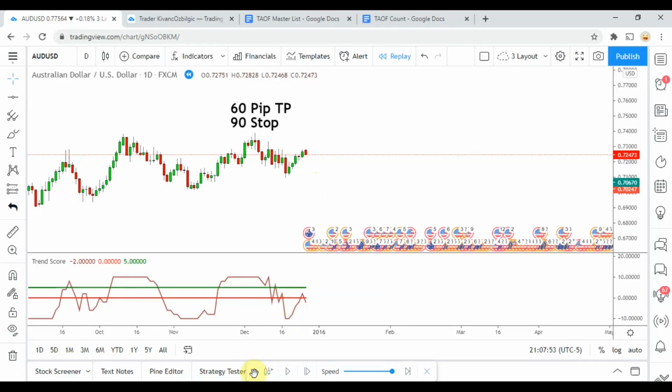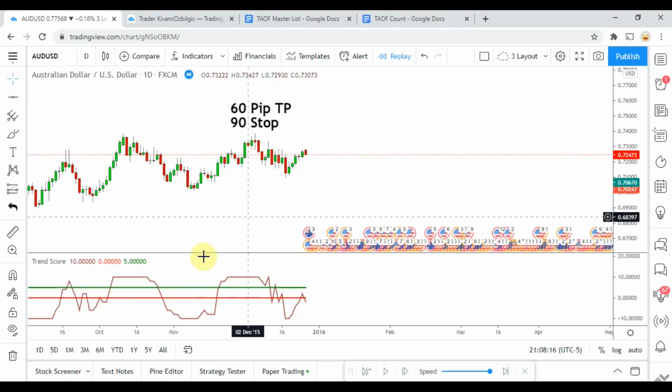Very useful when you're trying to test indicators and strategies. The other great thing that you can use on TradingView is a paper trading or simulation account. I believe you do have to sign up for the paid version, I think like the $30 version. I can't remember off the top of my head. It's been so many years since I've had TradingView that it slips my mind at the moment.